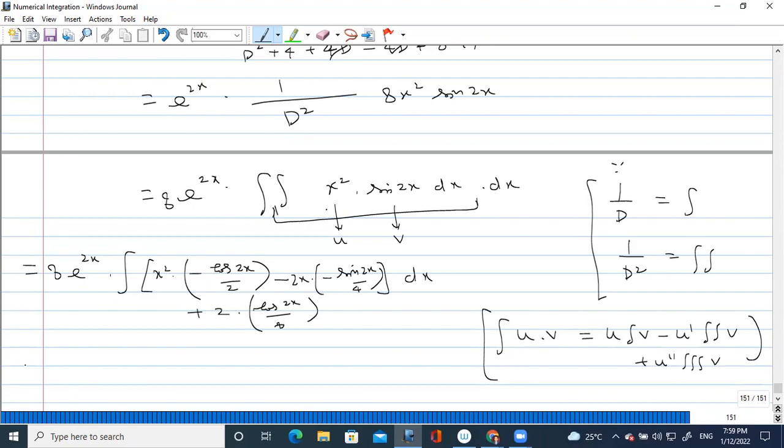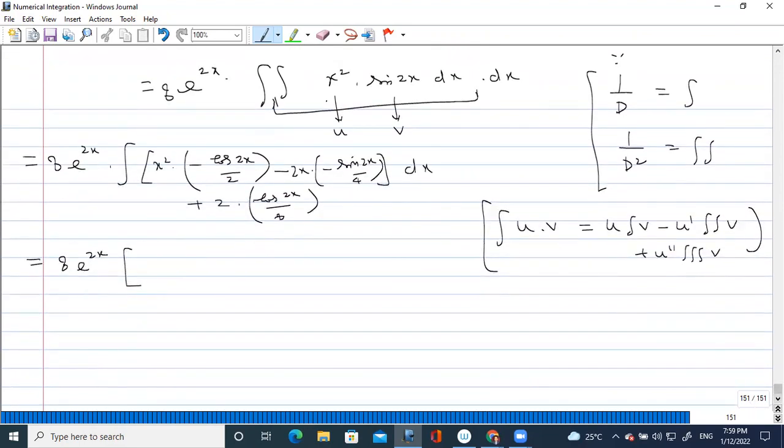So again you have to do 8 e to the power 2x. It will be minus, sorry, the integral is there, x square into cos 2x by 2.